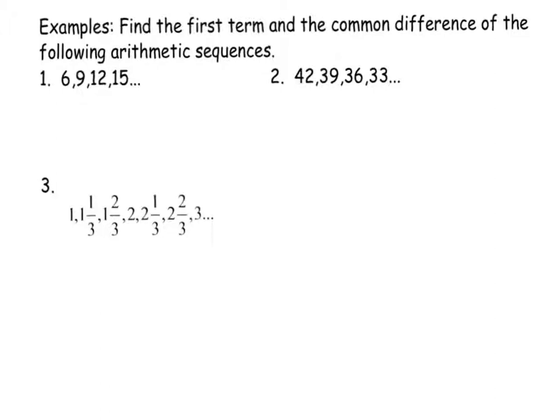So the first thing I'm going to say is that the first term is represented a1, and in this case is 6. And to find the common difference, I am going to take 9 and subtract 6 and get 3 for the common difference.